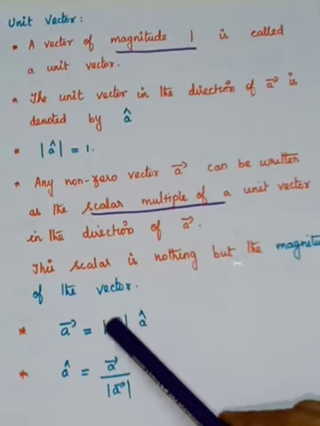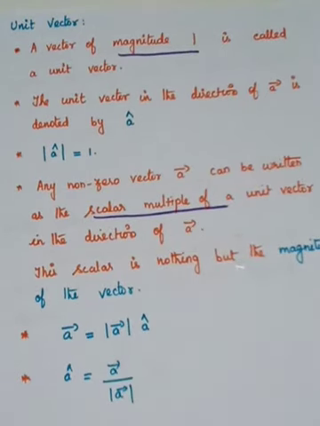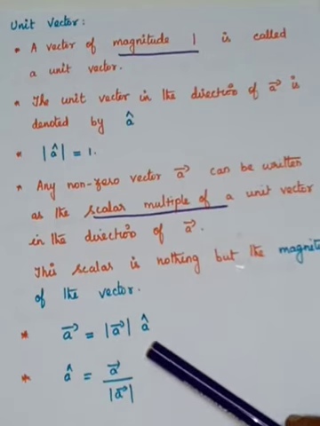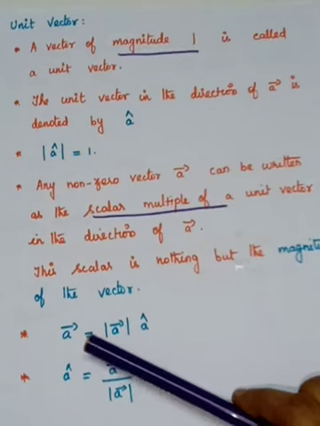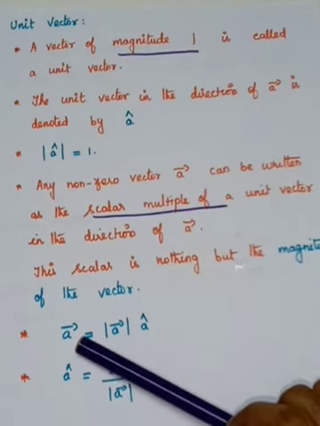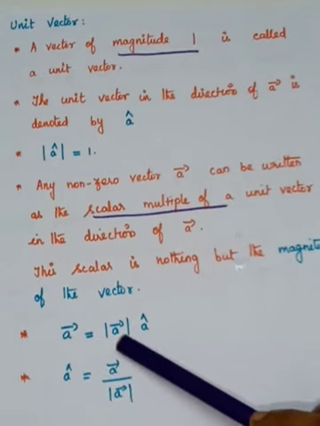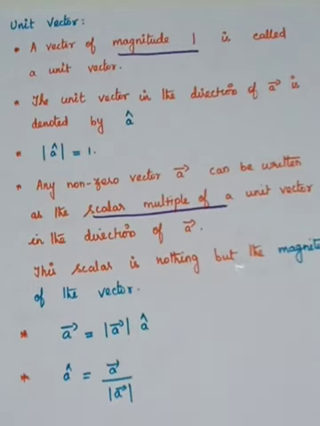That is a scalar multiple of the unit vector in the direction of vector A. So this is the result you have to keep in your mind. A vector means you should have magnitude as well as direction. So vector A can be written as its magnitude into the unit vector in the direction of vector A.